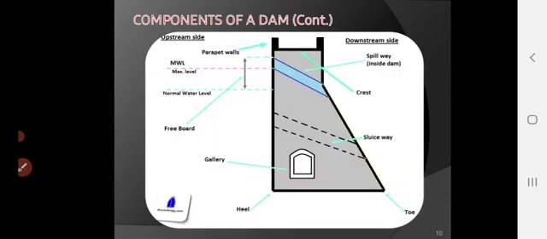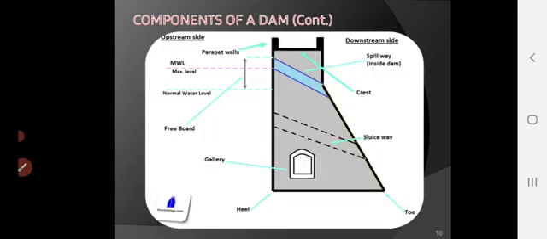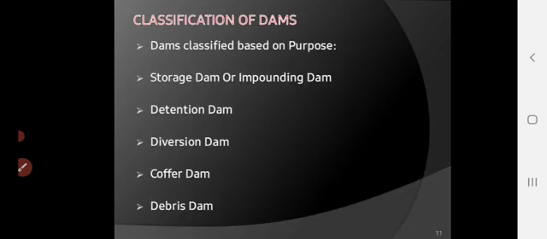So if you want to describe the components of the dam, you have to draw this figure of a gravity dam, because a gravity dam has all the components, while an earthen dam may not have some components like galleries and sluice way. That's why. Classification of dams.